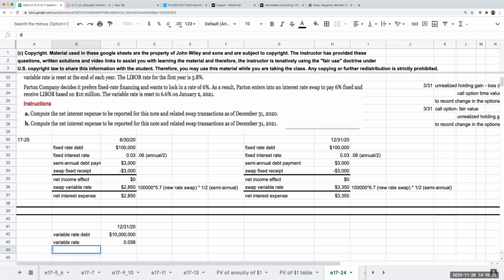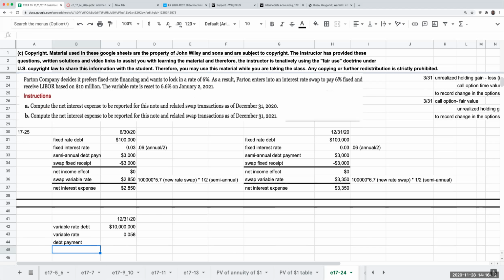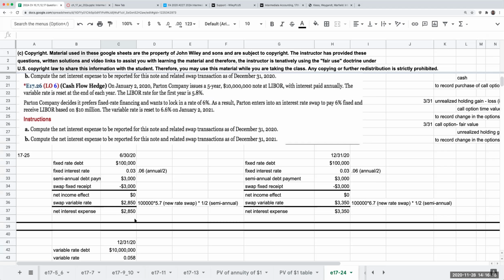So the debt payment is going to be 580,000. The LIBOR rate of the first year is 5.8%.